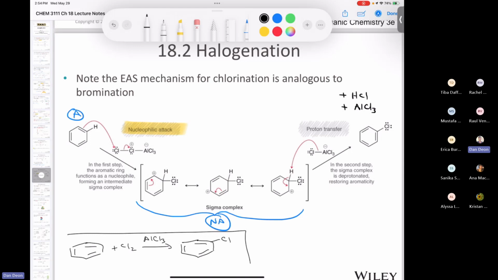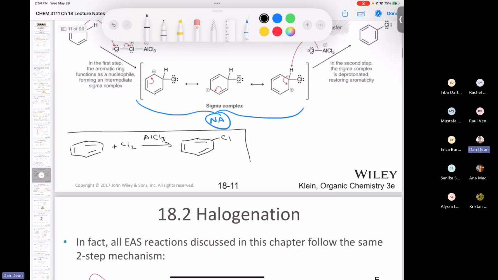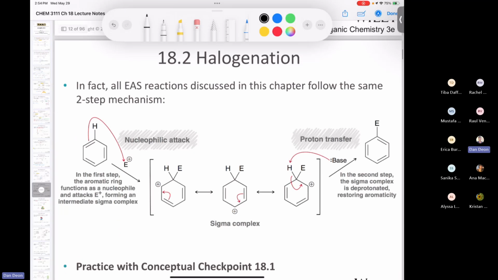And if you're looking at this slide and saying, man, these mechanisms are the exact same, you're right. They are the exact same. And let me prove it to you. I can show you in the slides here, it says that all of the electrophilic aromatic substitution, we use EAS to represent electrophilic aromatic substitution, all of these reactions discussed in this chapter follow the exact same two-step mechanism.